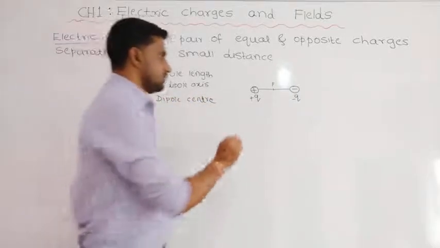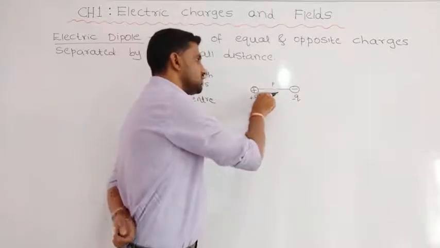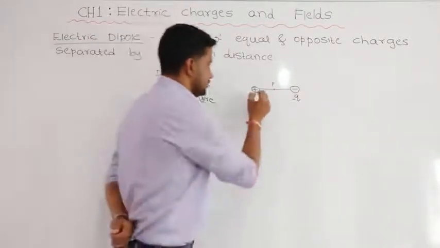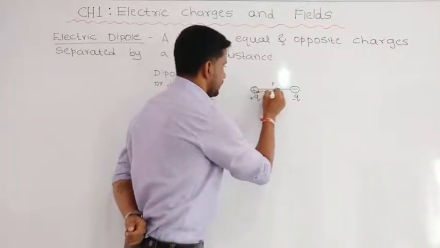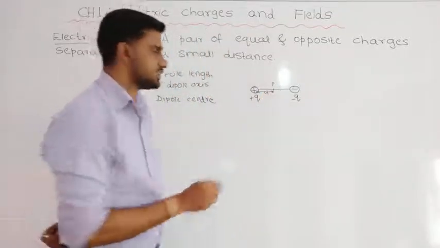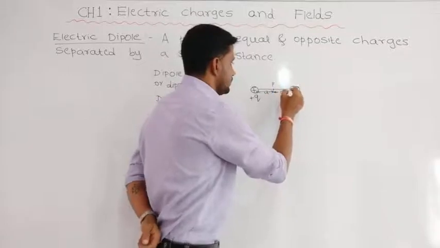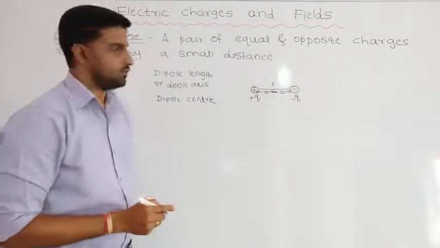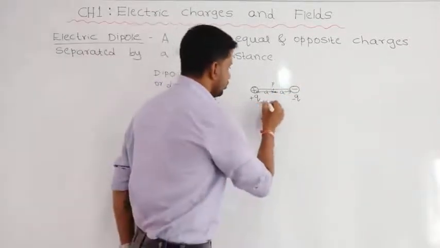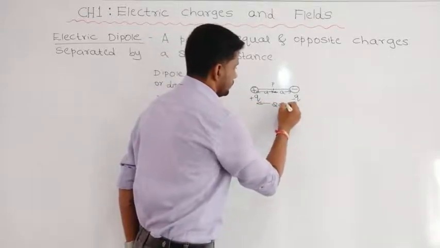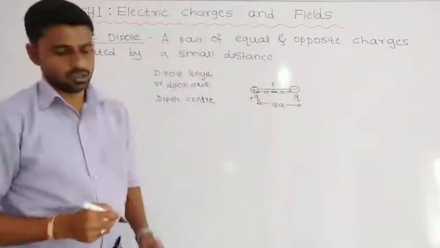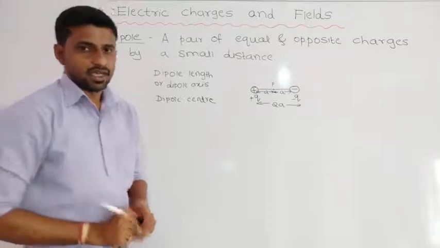Here I am taking the distance from the positive charge to that point P as a, and similarly the distance from the negative charge to that point P as a. Then the total length between the two charges is nothing but 2a. That is the electric dipole.